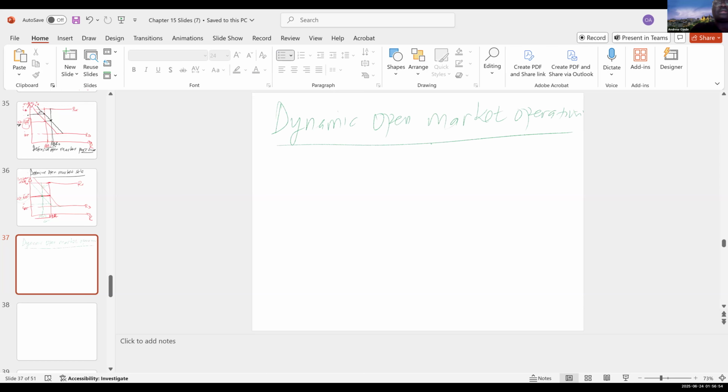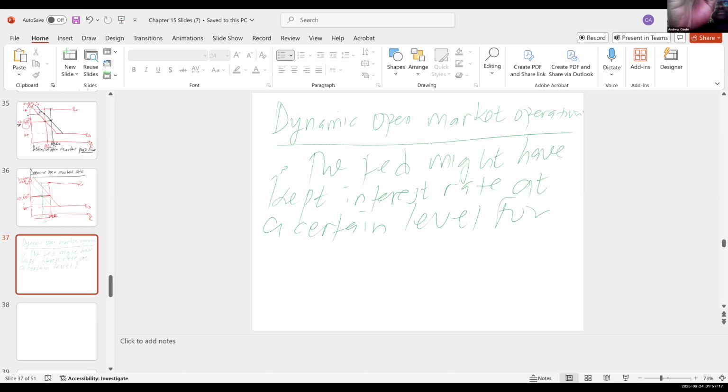This is where the Fed might have kept the interest rate, which is the federal funds rate, at a certain level for a period of time, and the Fed now feels like it's time to change the interest rate.